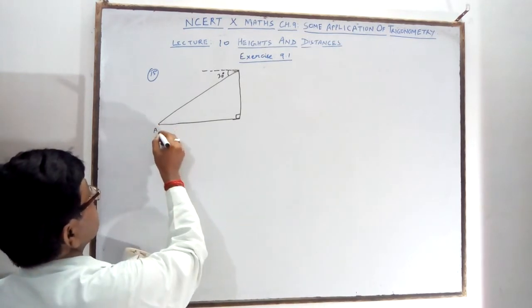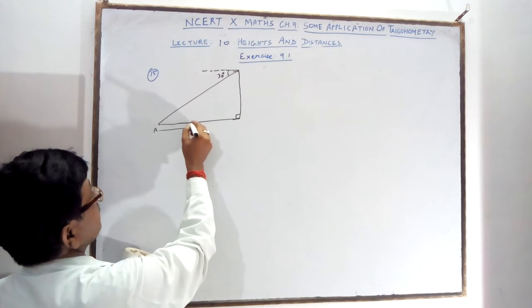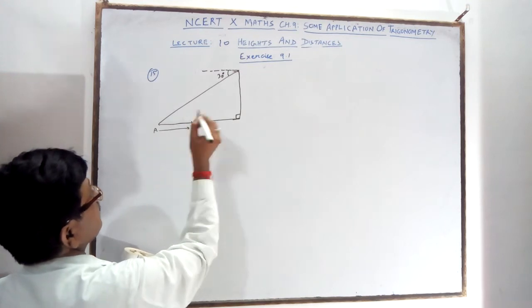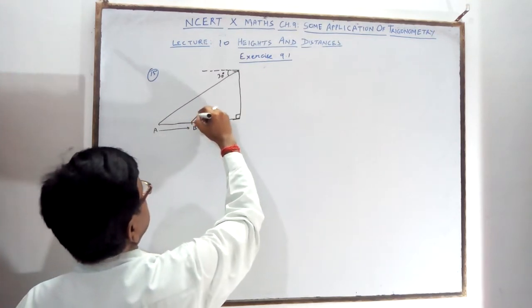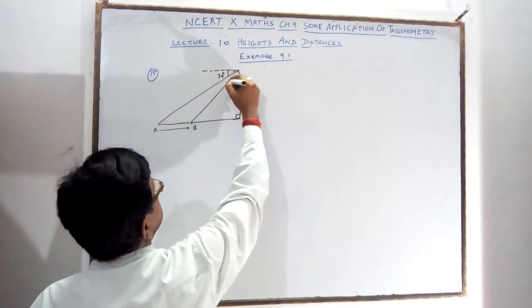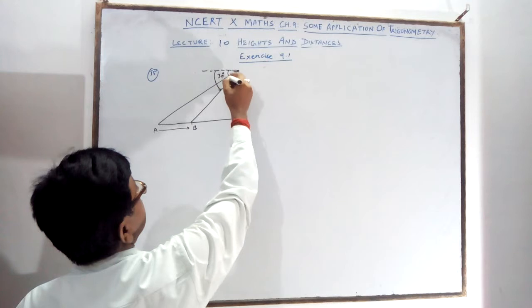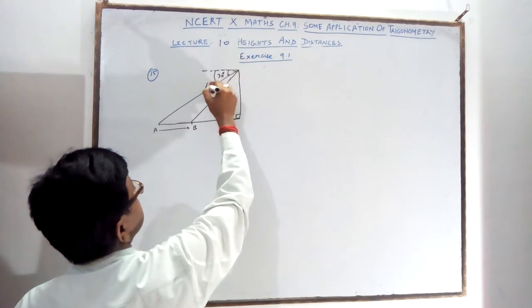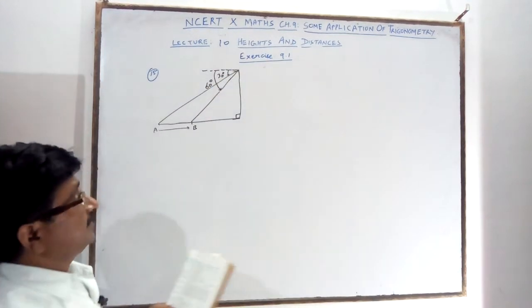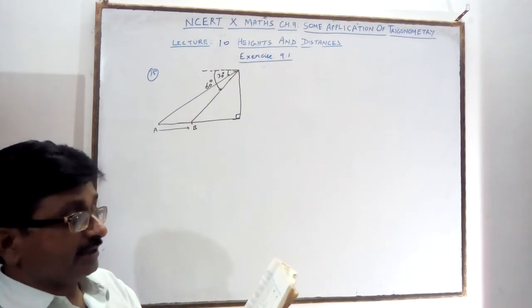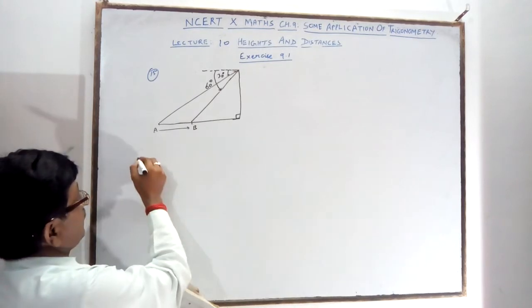It means the car is going in this direction and reaches P, and the angle changes to 60 degrees.